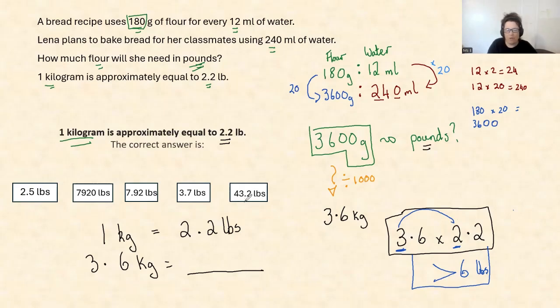Okay, let's look at the answers. Is my answer going to be 43 pounds, 43.2 pounds? Definitely not. My answer is going to be greater than 6, but less than 8 or 9 pounds. 3.7 pounds is too small because already 3 2s are 6.